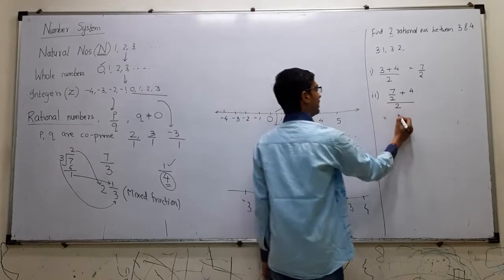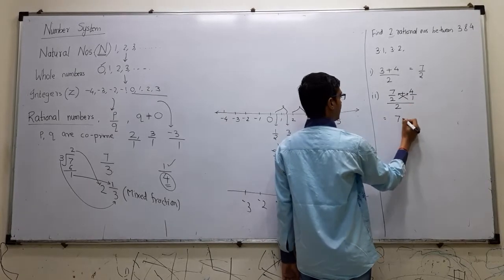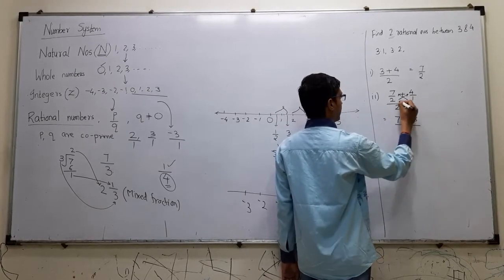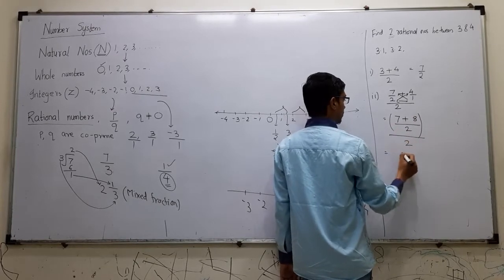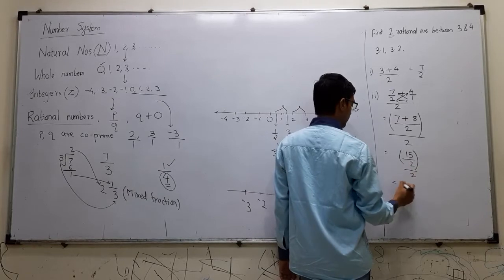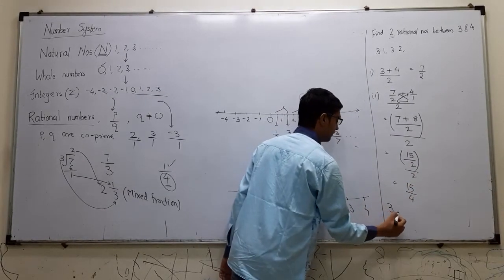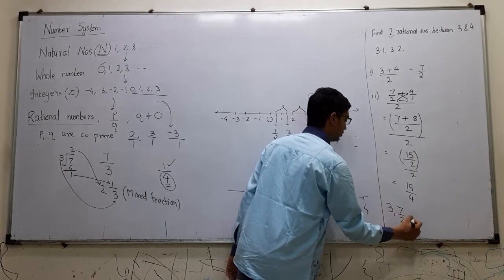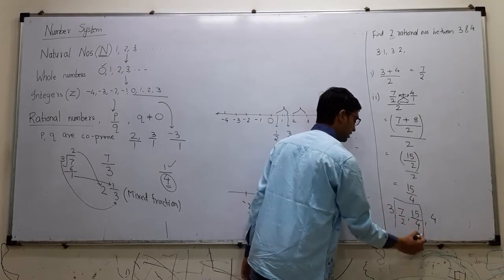So what will I get? 7 by 2 becomes 2 times 4 is 8, 7 times 1 is 7, again 2 times 1 is 2. The whole divided by 2. So I get 15 by 2, the whole by 2. That is 15 by 4. So I will write the answer as 3, 7 by 2, 15 by 4 and 4. So I got 2 rational numbers.